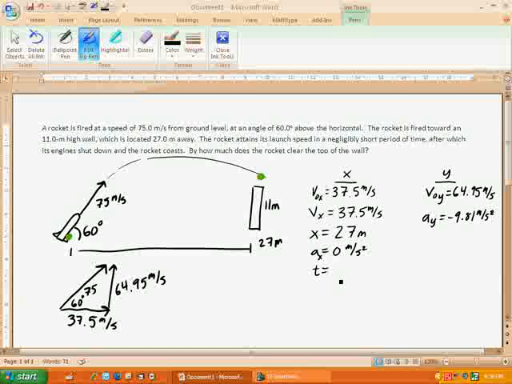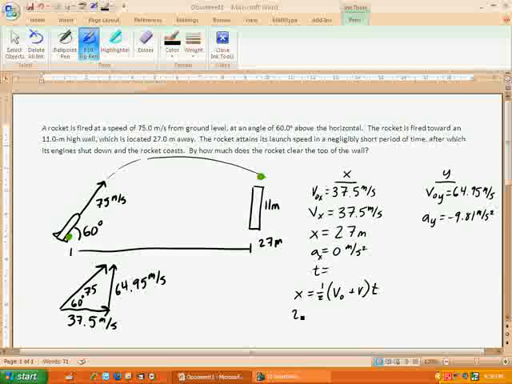I'm going to use the kinematics equation v equals v naught plus... Actually, I'm not going to use that one, because that one has 0 being multiplied by the time, so I can't use it. Let's use this one: x is equal to 1/2 times v initial plus v, times the time. We're going to solve for time.